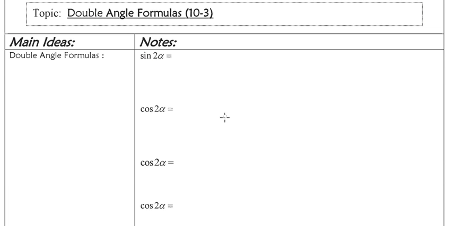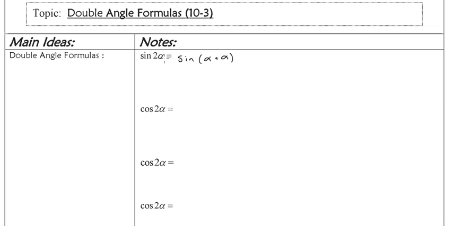So 10.3, this lesson's on our double angle formulas. That is the sine or the cosine or whatever it is of an angle times 2. So it's literally sine of an angle, let's call it alpha, plus alpha, because what is alpha plus alpha?